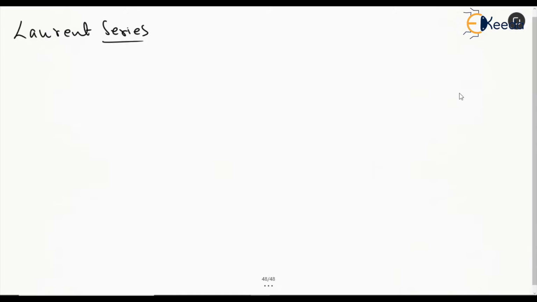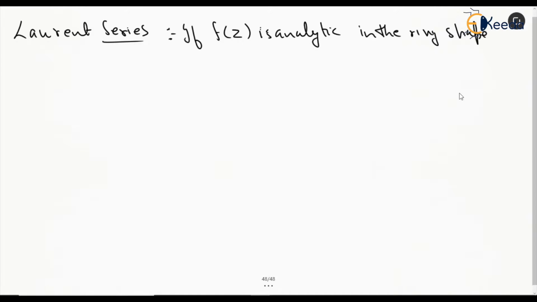It says if f of z is analytic in the ring shaped region, which is also given as R1 less than mod of (z minus z naught) less than R2, known as an annulus.